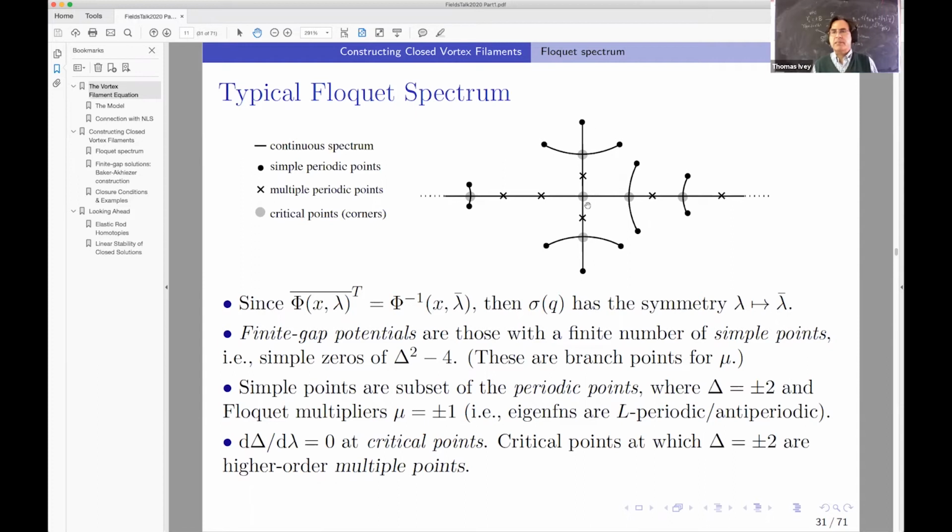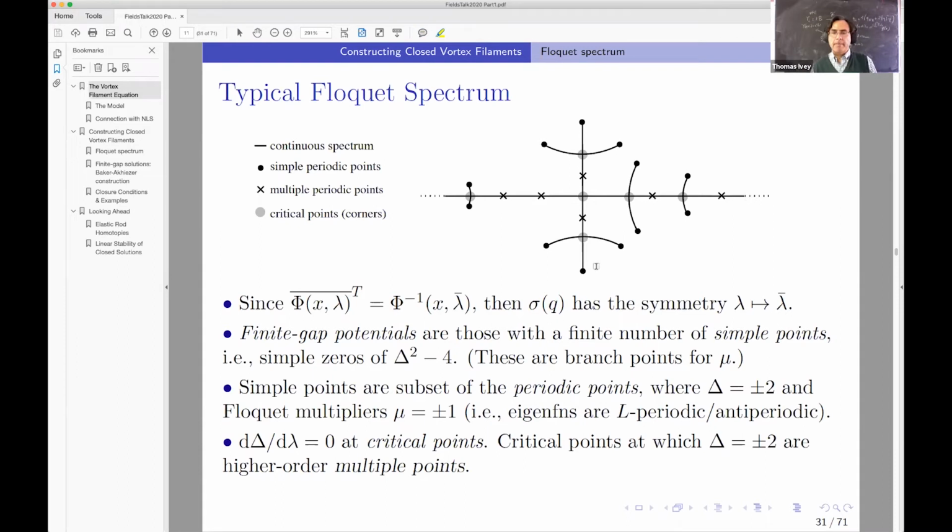Remember, this spectrum is defined by saying delta is real and between plus and minus 2.